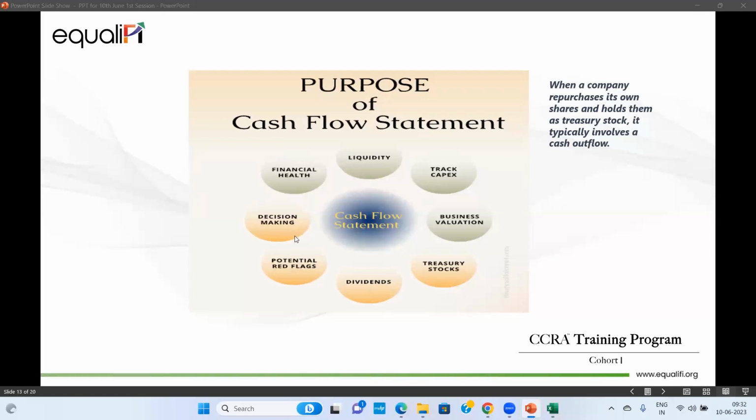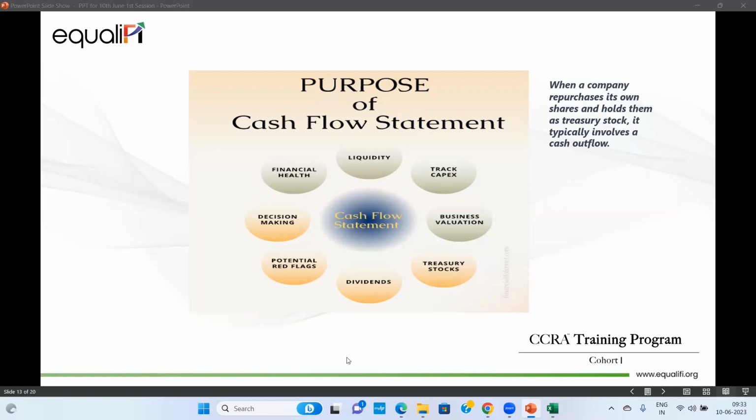Spending extra means, now tell me one thing. When I talk about potential red flags, where I'm spending extra, you can get that from the PL account as well as cash flow. Now, how is cash flow beneficial compared to the PL account to identify those red flags?